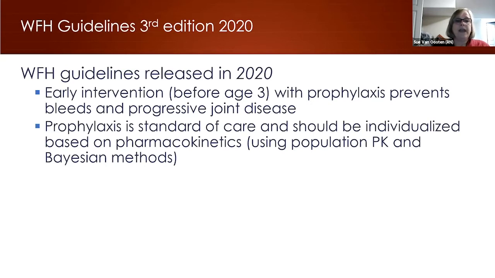And also they have come out this year with prophylaxis as being standard of care, and it should be individualized based on pharmacokinetics. So that's why Canada has really tried to adopt this way of individualizing care for all those of you who are on prophylaxis.